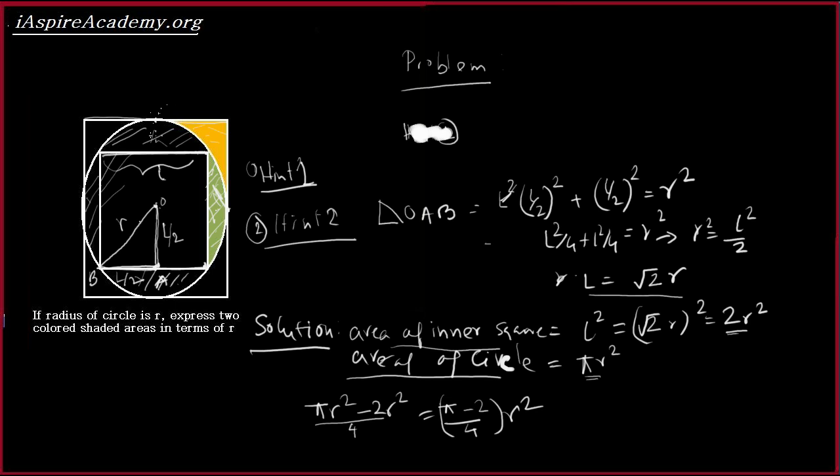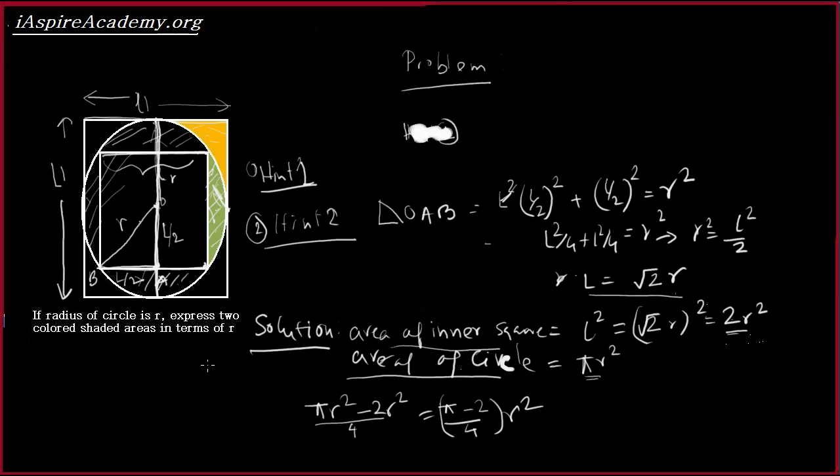Let's try to find the side of the bigger square, let's say this is L1, in terms of R. So this is R, and if you join it all the way, the diameter becomes 2R. So L1 is the same as the diameter of the circle.